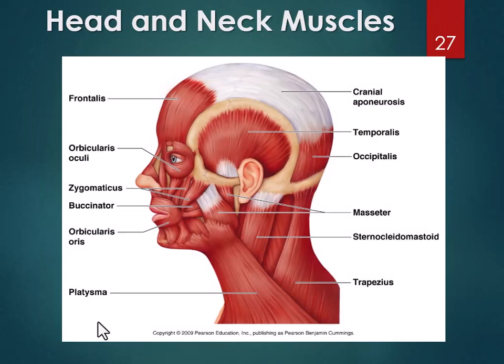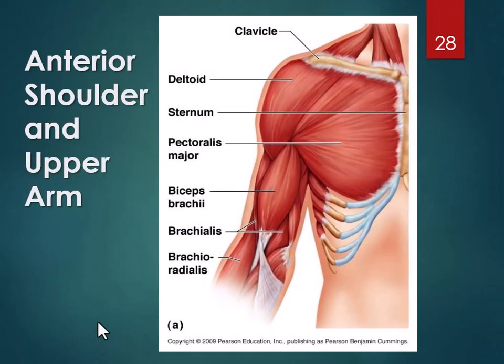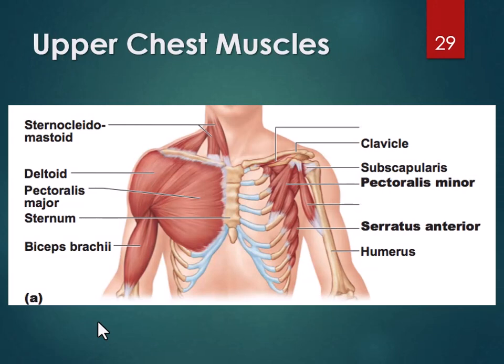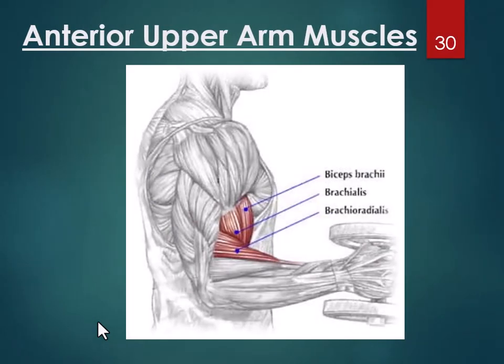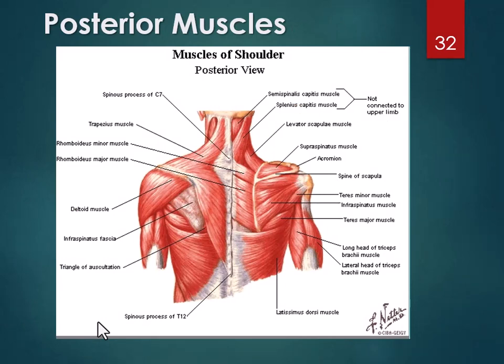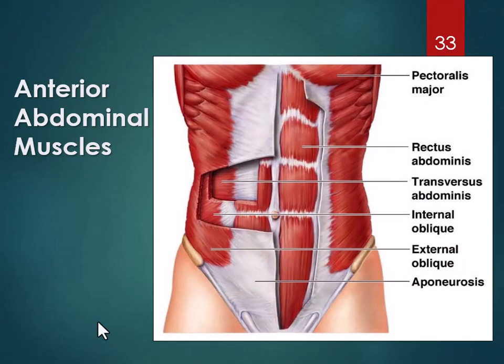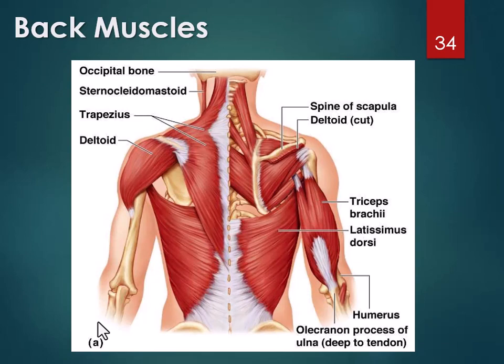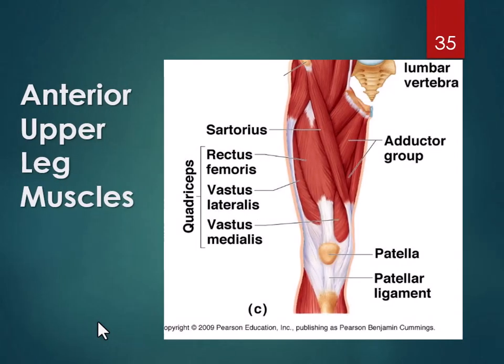Here are the skull muscles, upper arm muscles, thoracic muscles or upper chest muscles, upper arm, biceps, brachialis, and brachioradialis, lower arm muscle, your back muscles, abdominal muscles, some more back muscles, front leg muscles.